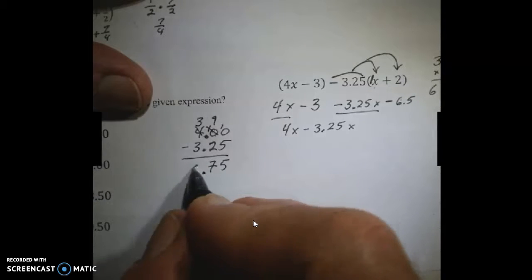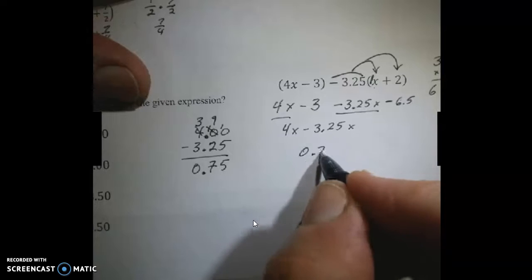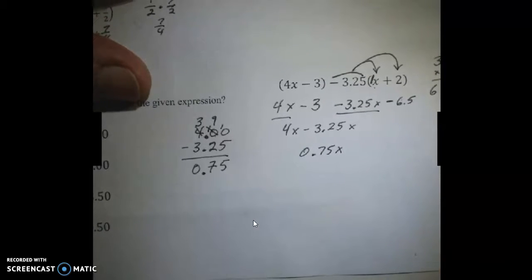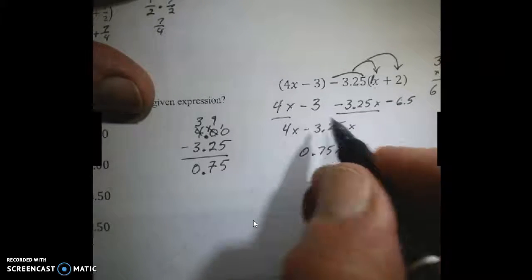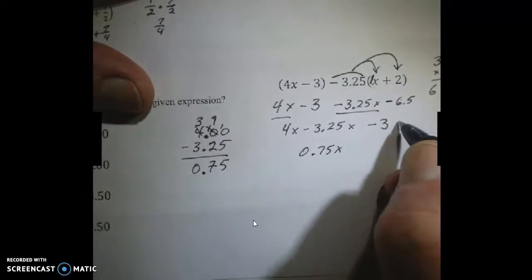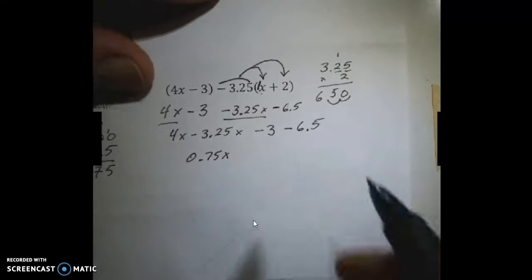The larger amount's the positive. We get 75/100ths x. And then for the constants, we're going to have a negative 3 minus 6 and 5/10.